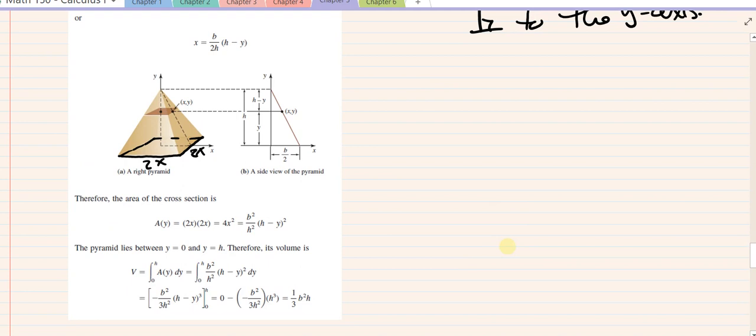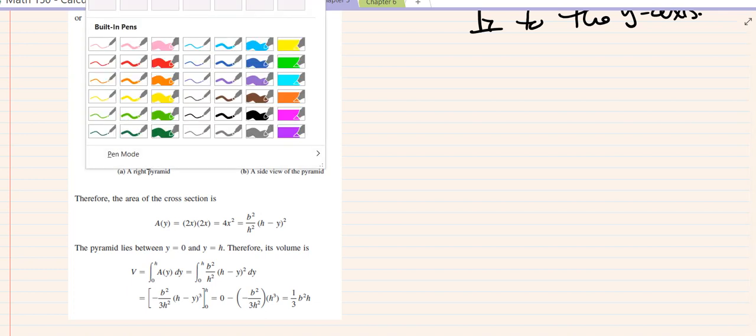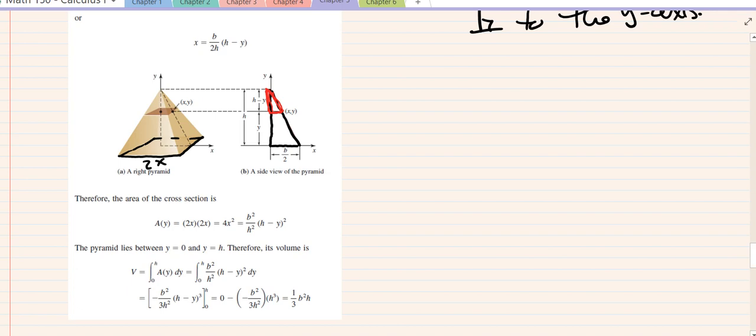Now, the key is again in the geometry of what we're doing here. If this is one triangle right in here, and there is another secondary triangle, this triangle, we're looking at those two triangles and using similar triangles, the author is trying to find x as a function of y.